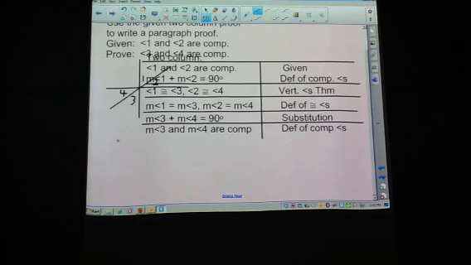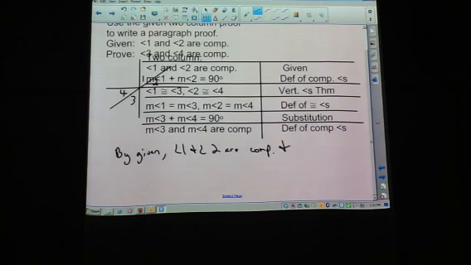Alright. So it looks like we're going to put something about by the given, angle 1 and angle 2 are complementary, and, well, I guess that's all we're given right there.